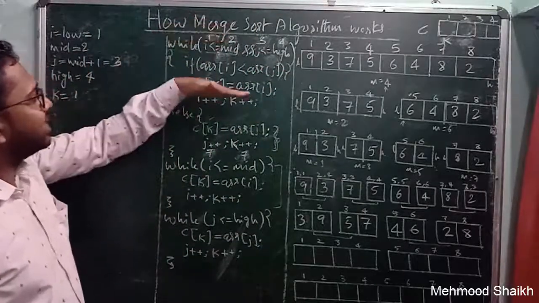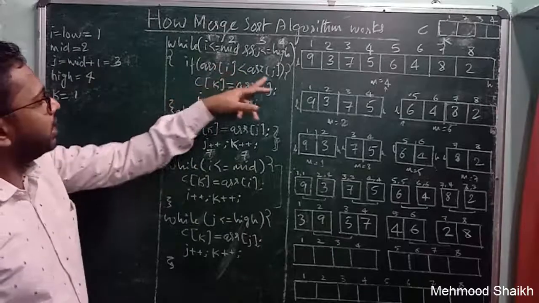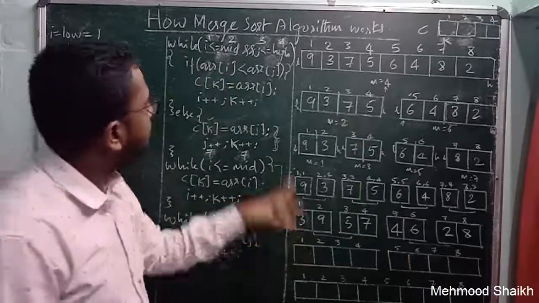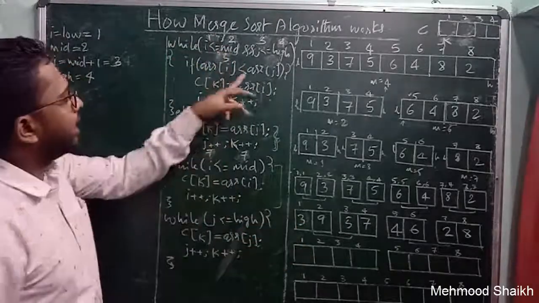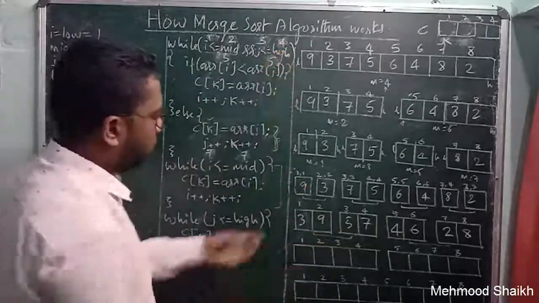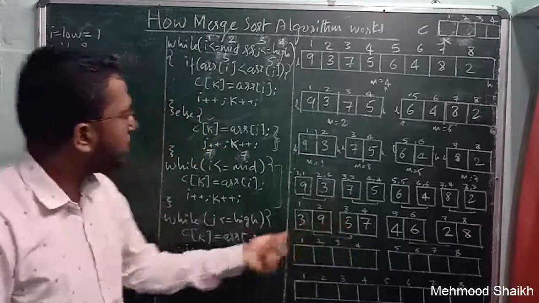So we have to come inside this while loop and we need to check this if condition with the value of I and J. Array of I is 1, array of 1 is 3, and array of J is 3, so array of 3 is 5. We will compare this first element with the third element. So now 3 is less than 5. Yes, 3 is less than 5.